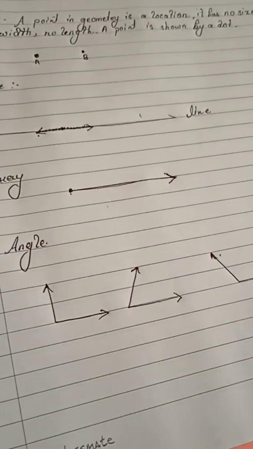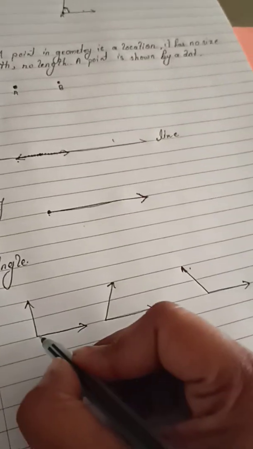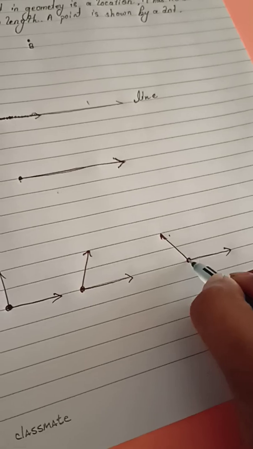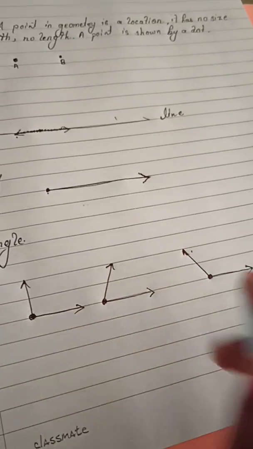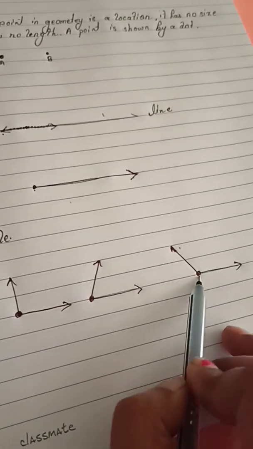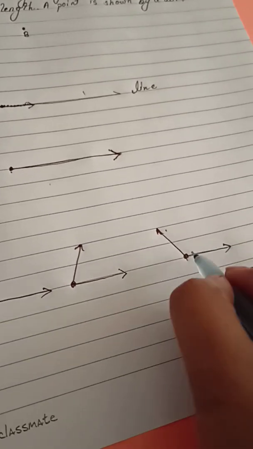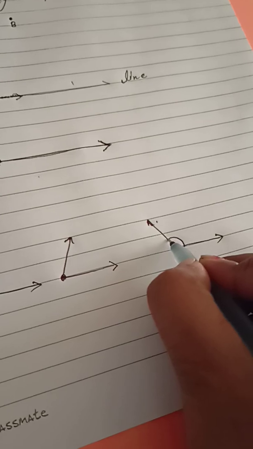Here you can see two different sides, and it originates from a point. When two rays combine, and the two rays have the same point, this will form an angle. Clear?